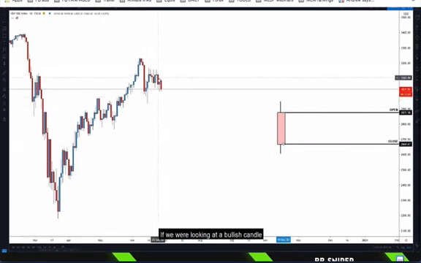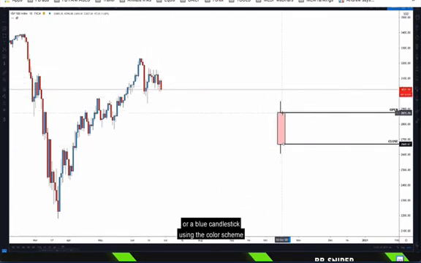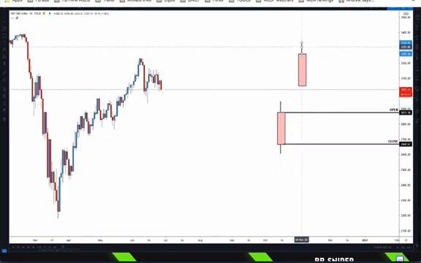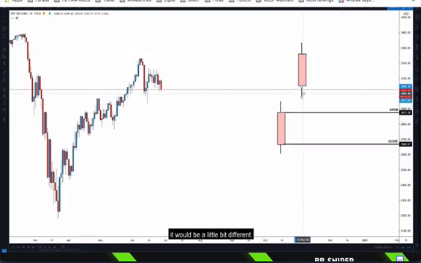If we were looking at a bullish candle, or a blue candlestick, using the color scheme that's on my chart, it would be a little bit different.